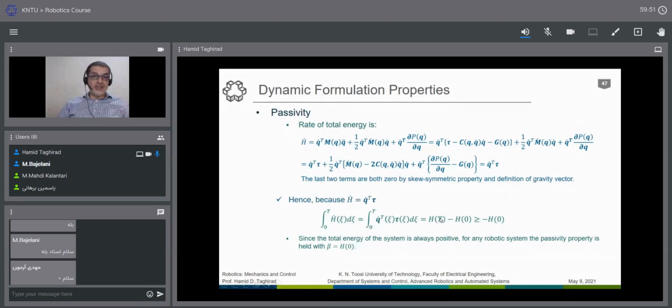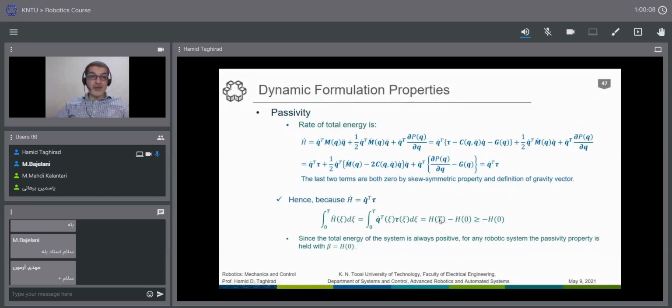H is always the positive energy of the system. So this is a positive value, and this is also a positive value. This is always greater or equal than minus H0. This means that the energy of the system, as time evolves, will reduce from H0.